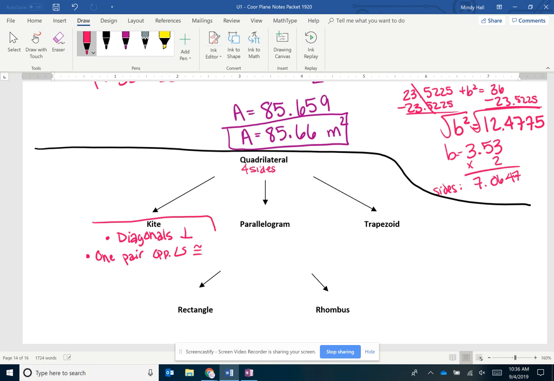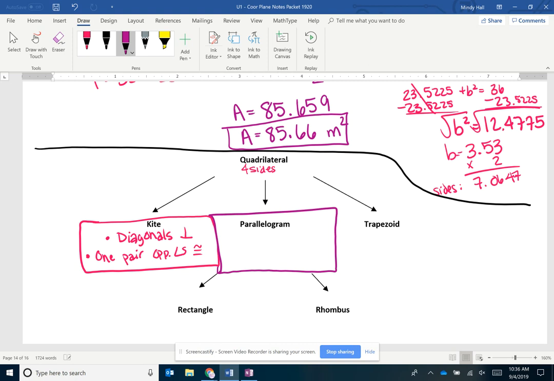Now let's put this in a pink box. Okay. So then a parallelogram, this one's going to be purple. So with a parallelogram, opposite sides are parallel and congruent.